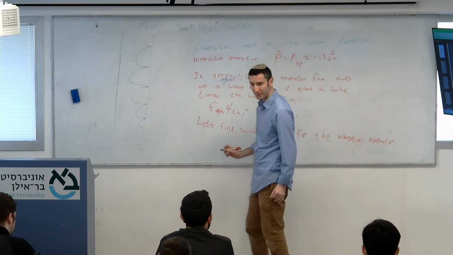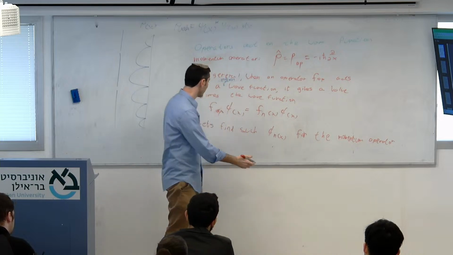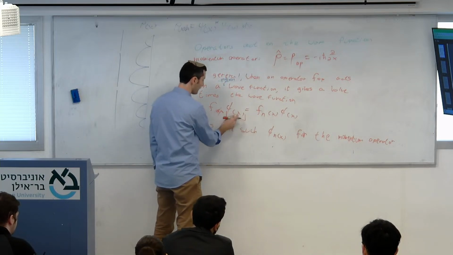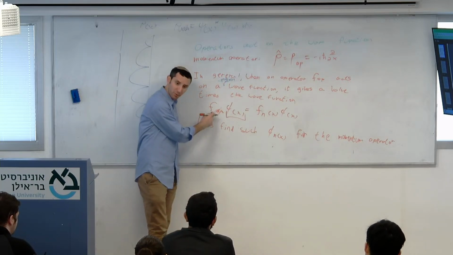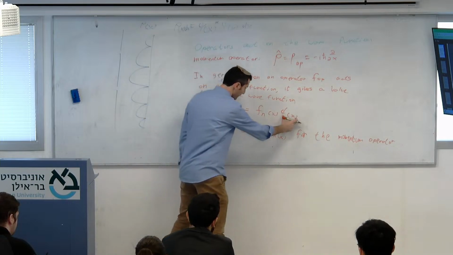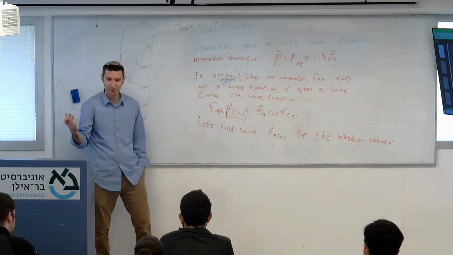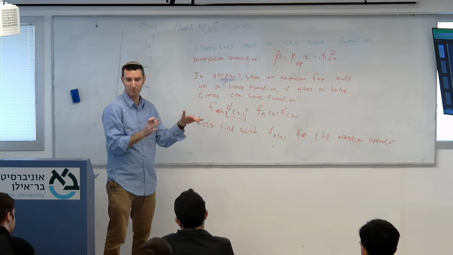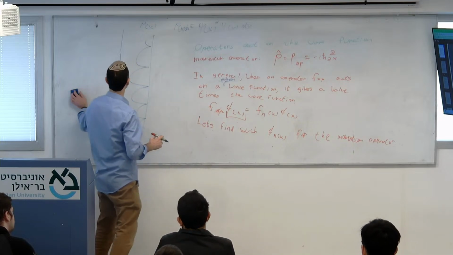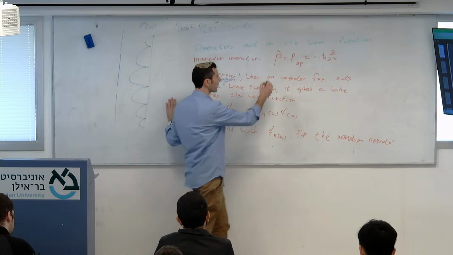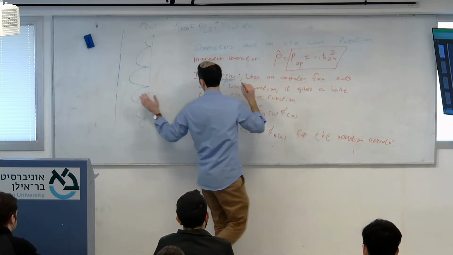So again, my end goal now is to find such a phi of x. So when the operator acts on phi, I get the same phi times a number. Just like in linear algebra, that you just get a number times the same thing. Okay. Now I'm remembering that P, the operator P, is this.